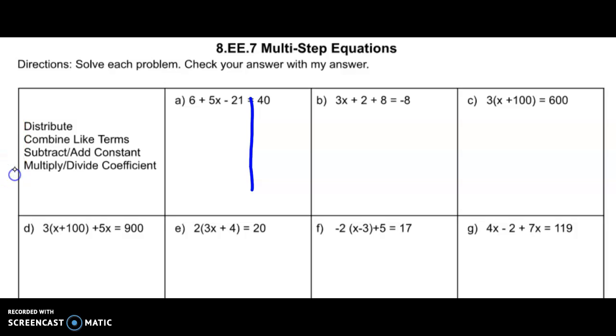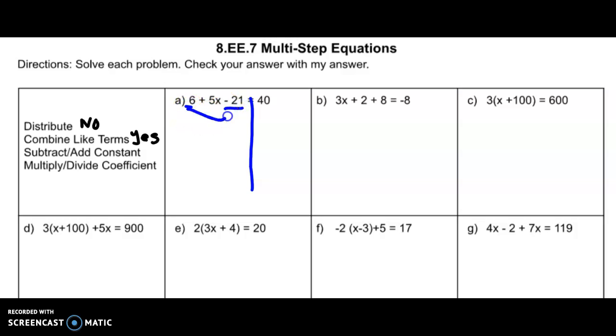So first, I'm going to check if I need to distribute, and no, I don't need to distribute for part A. Next, I'm going to check if I need to combine like terms, and it looks like I can. My like terms are 6 and -21.